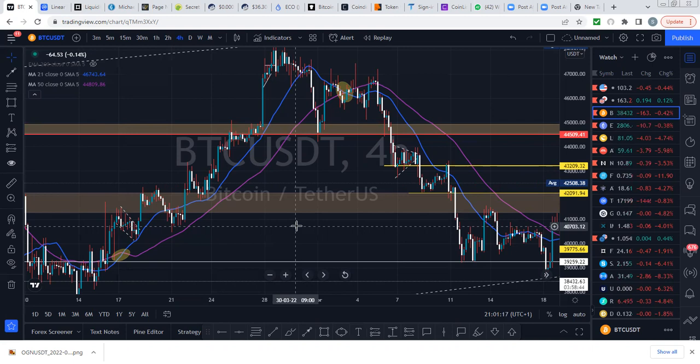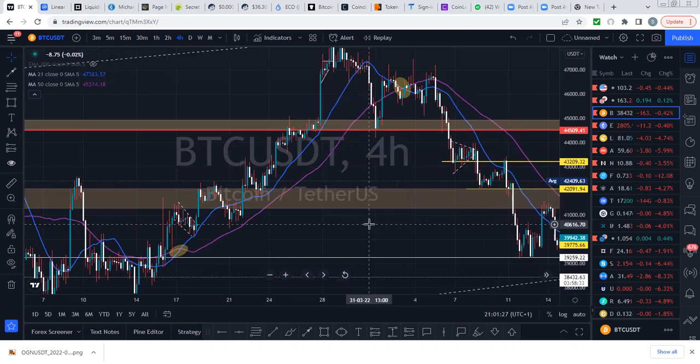This is known as a golden cross. So this one is not a death cross. Death cross is a downward signal.